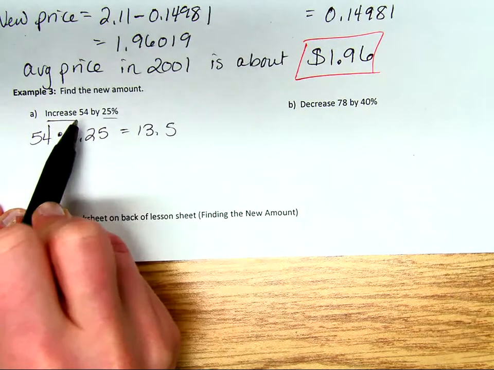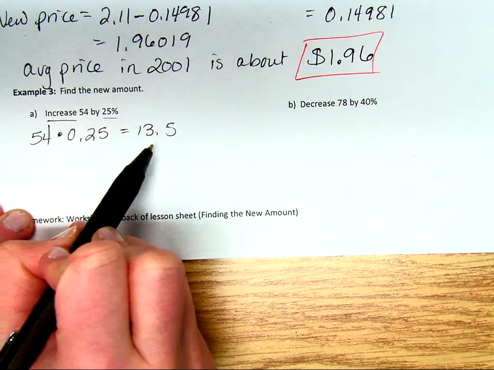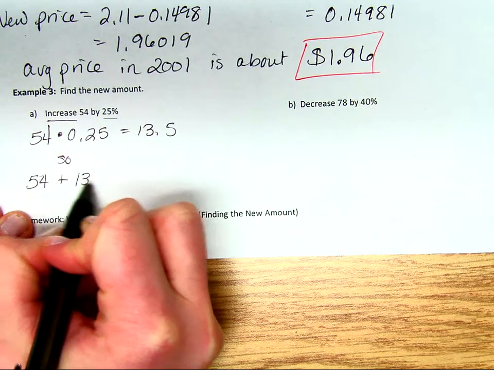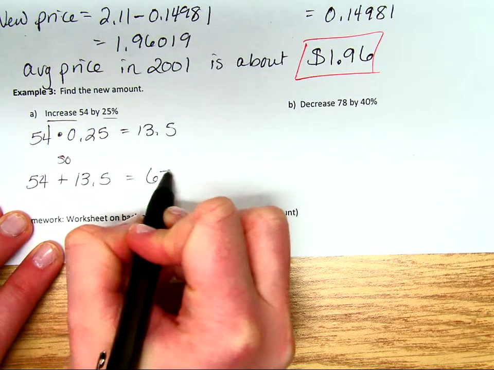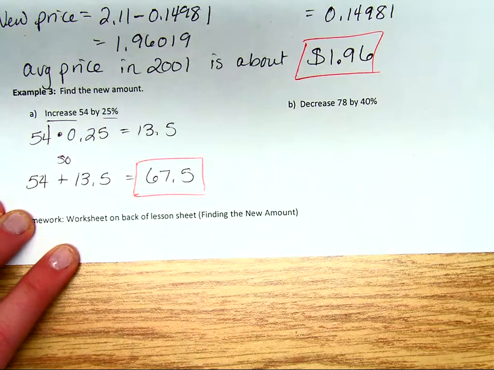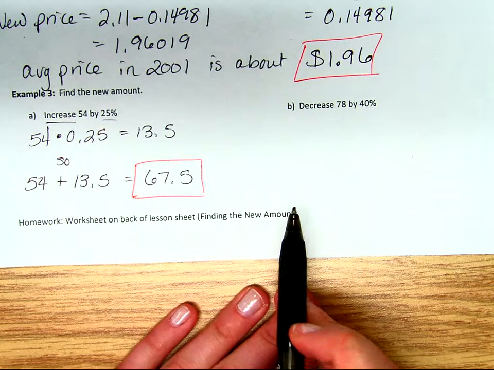So I need to increase 54 by this amount. So I'm going to say 54 plus 13.5 gives me 67.5. And that is my new amount. I added since I increased.